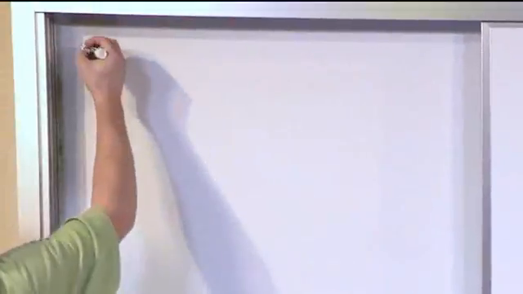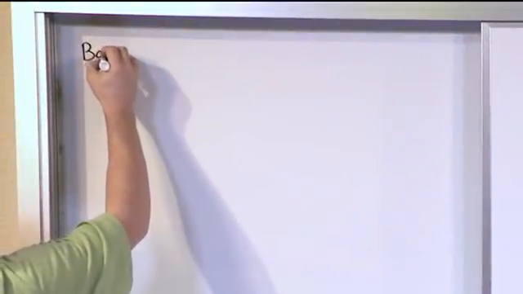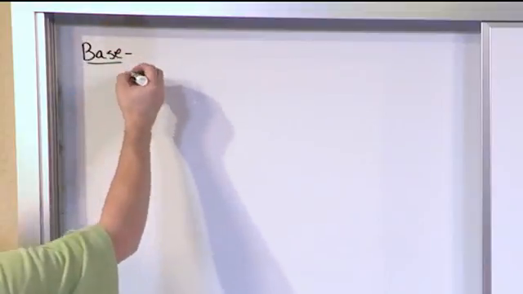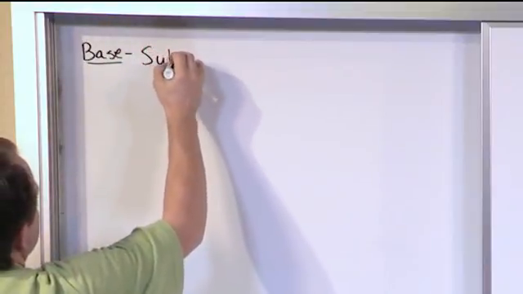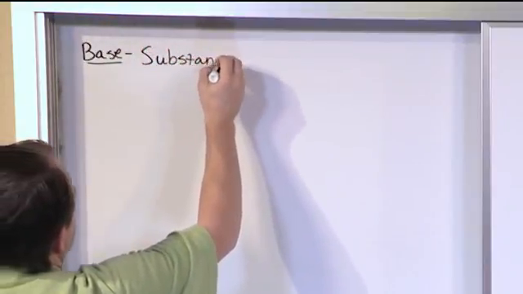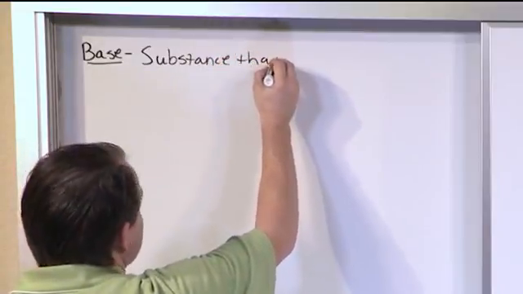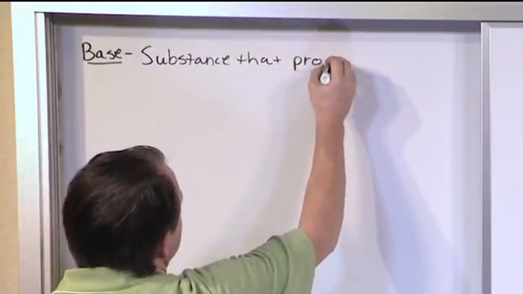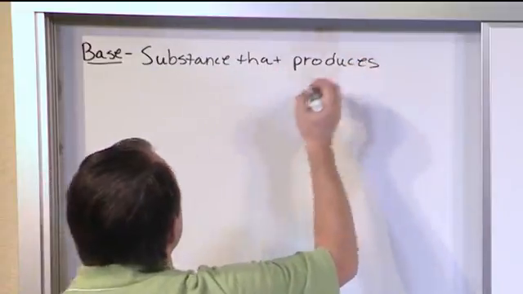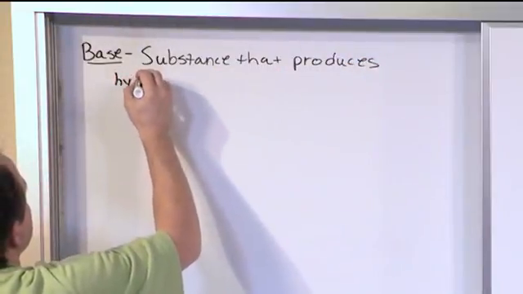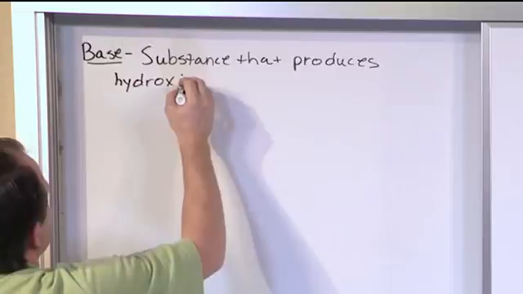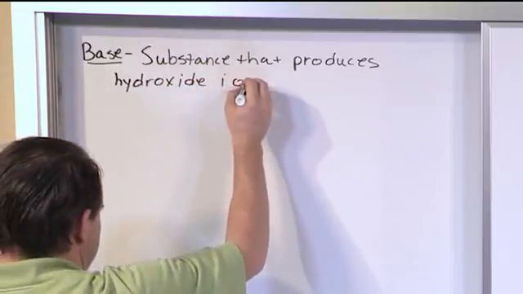So the way we're going to do that is by writing a definition, like what we did last time. A base is a substance that produces hydroxide ions.